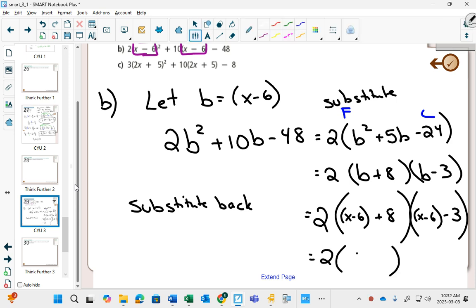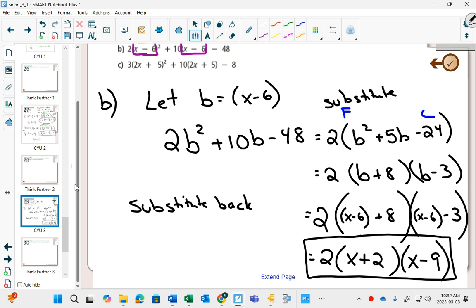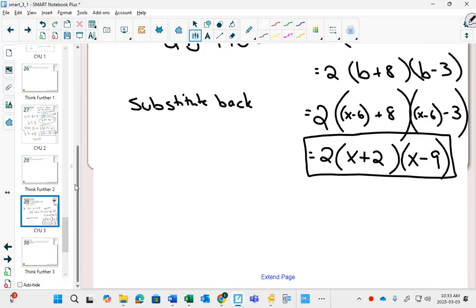Simplify, minus 6 plus 8 will be x plus 2. And minus 6 minus 3 will be x minus 9. This is the easier option. If we can do a substitution, it'll work out perfectly for us.